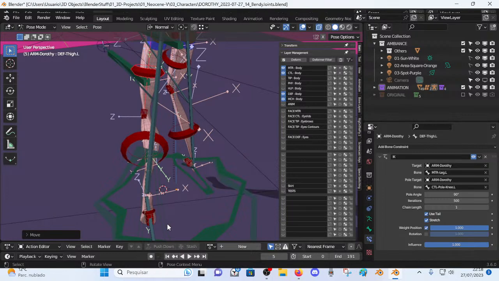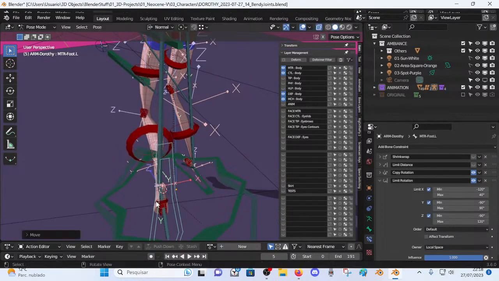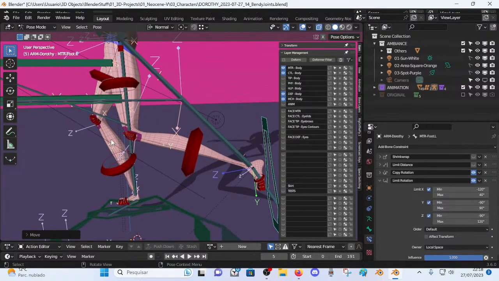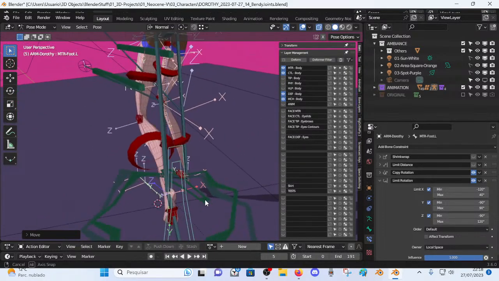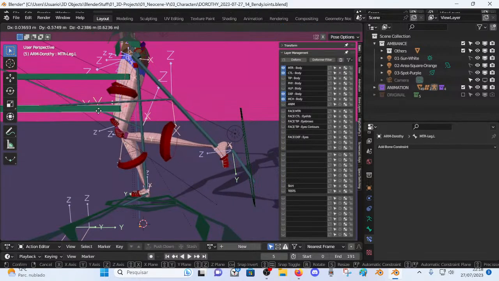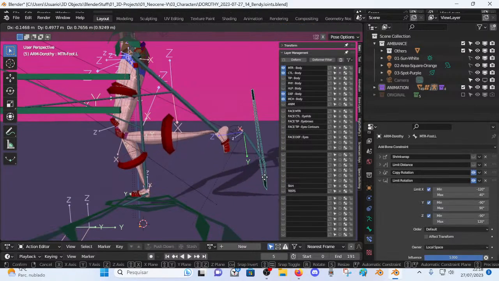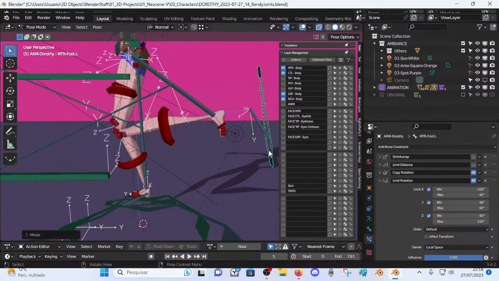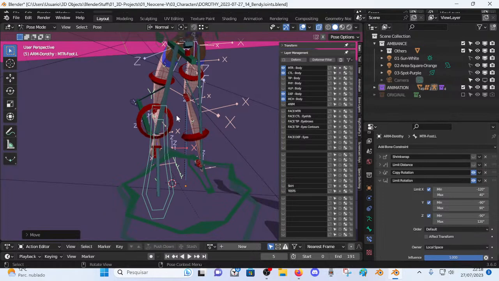Why am I moving that bone? Whatever. This is not because of the belly bone. What's happening is because I'm struggling with the pole targets here. Oh, that was it. Okay, one part of the problem was that.